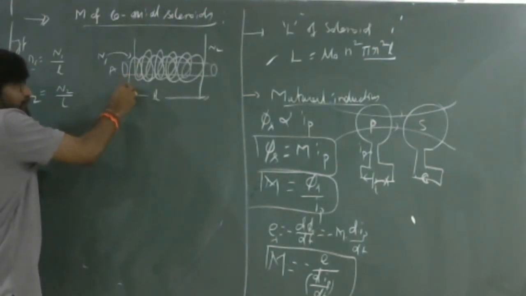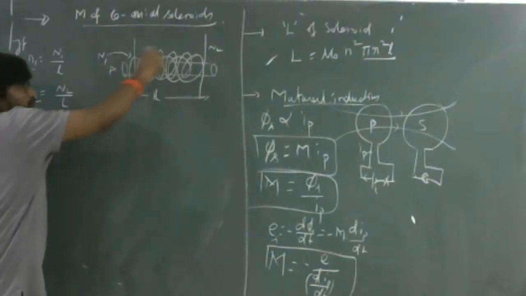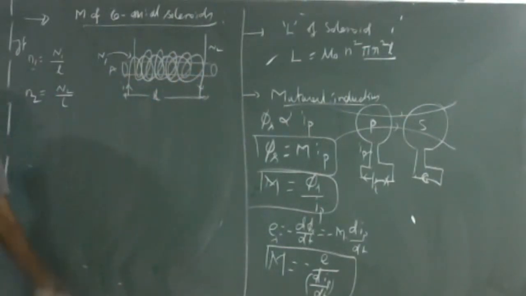then you can express it like this. If a current I is passed through the primary coil, this produces a magnetic field.